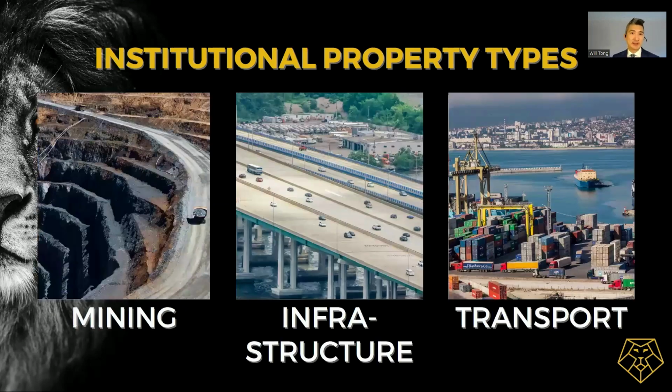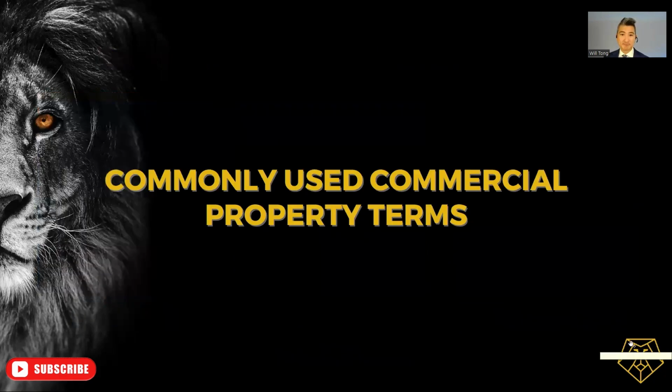And finally, there are institutional grade commercial property types as well. And these could include mines, could include infrastructure, could include transport and ports as well. So usually these type of assets are in the billions of dollars, which appeal to institutional investors. So all these property types fall under the commercial property umbrella.